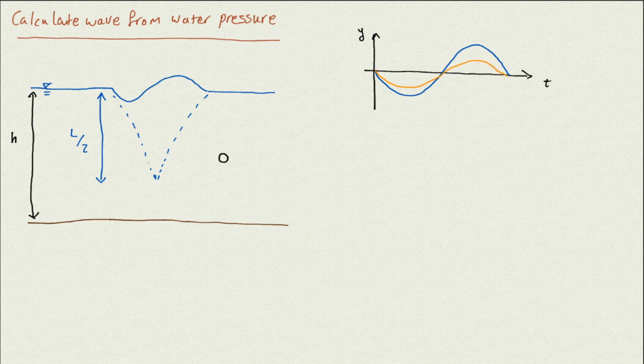As you can see, its amplitude is smaller than the original one. This is what it actually is, so it's on the surface, the surface wave, the actual measurement.